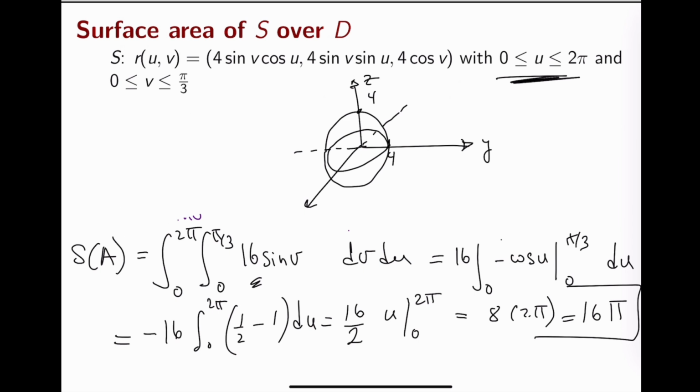So we get that this goes all the way around, so all around the whole sphere. And v varies between 0 and pi thirds. So we have that this is the surface until here. So we are calculating then the surface area of this cap, just this upper part of the sphere.